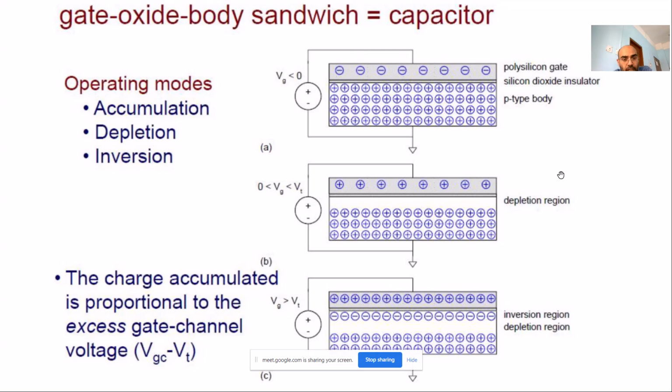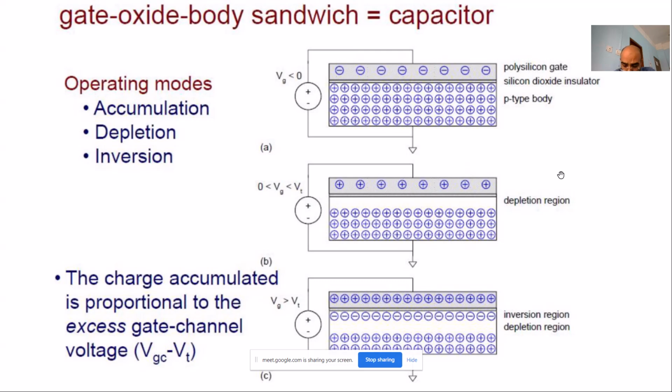If the gate voltage is not negative but positive with a small value, below the threshold voltage, then the depletion region is formed. Later, when you keep increasing the gate voltage and it goes beyond the threshold voltage, that gives rise to the inversion region. So this is what we have seen.